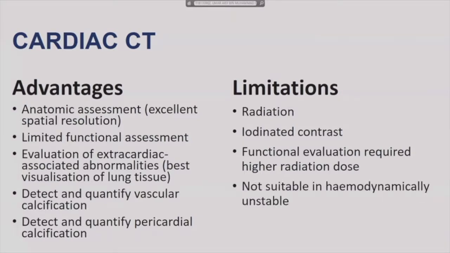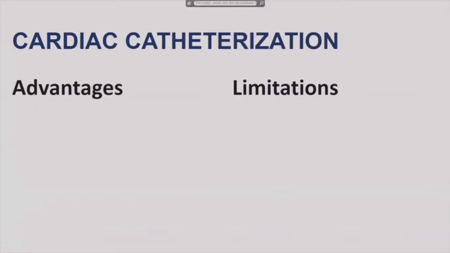It is not suitable for those who are hemodynamically unstable, unlike echo. Of course, we all know that there is a portable cardiac CT, but that significantly limits the resolution that we may have from the imaging.